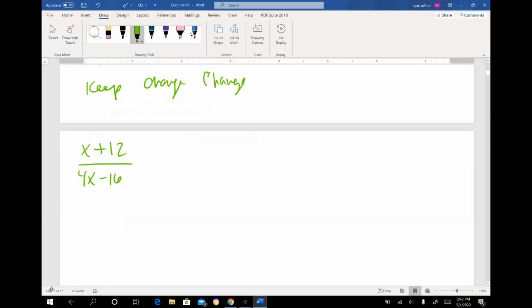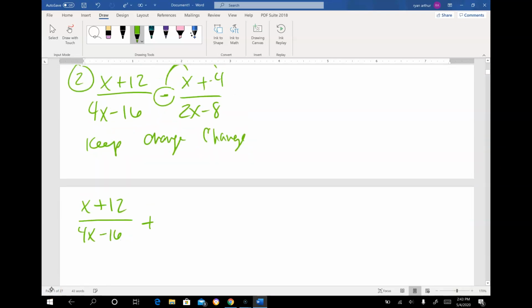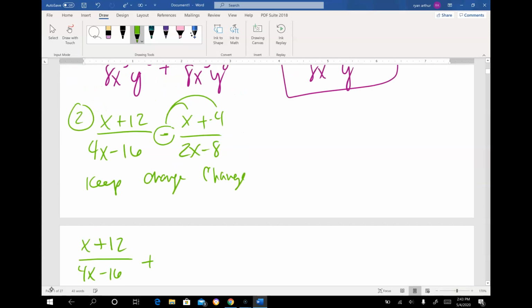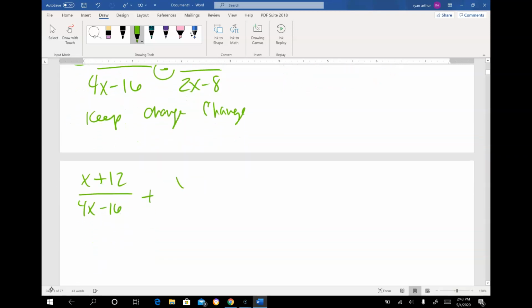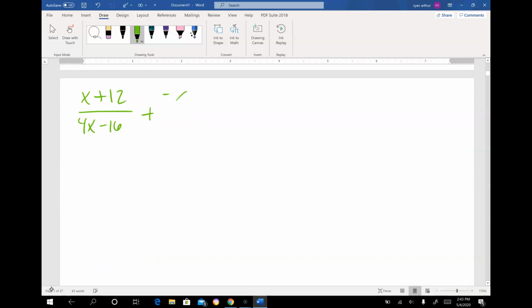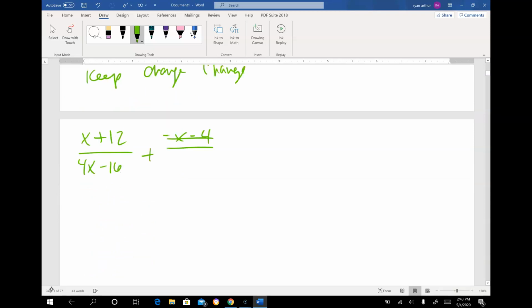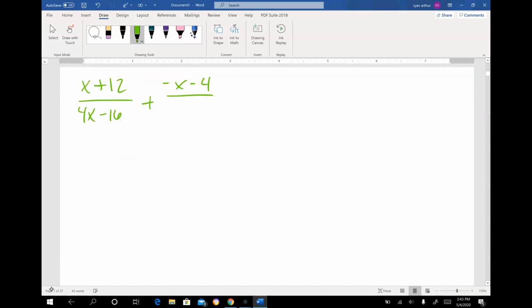Change subtraction to addition. And then we're going to distribute that negative. So it's going to be negative x minus 4 over, you keep the denominator the same, 2x minus 8.